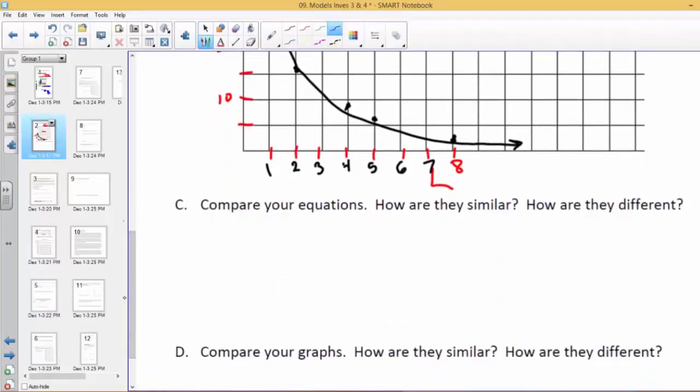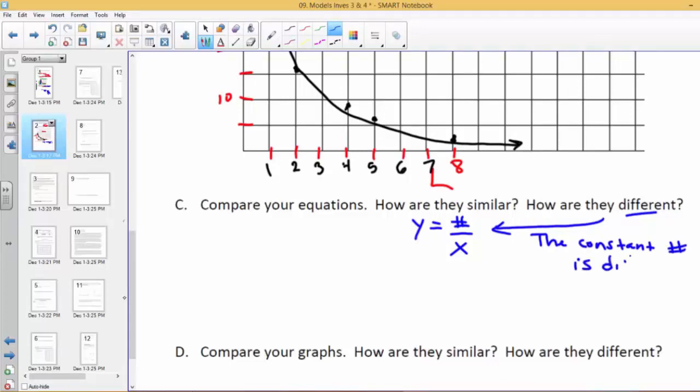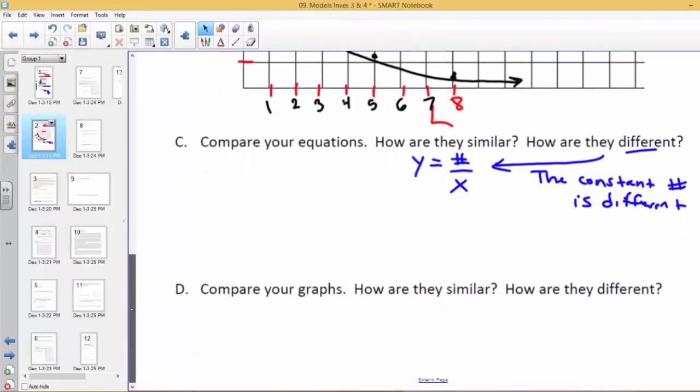How are these equations similar? They are all y equals some number divided by x. How are they different? The constant number is different. And then how are the graphs similar? Well, all of them look like this, and they don't touch either axis.